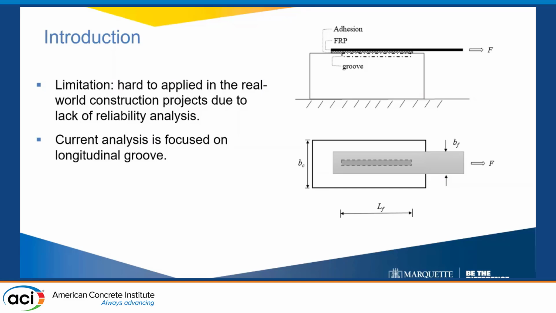Another reason is that once we do the reliability analysis, we need a large amount of data. If we do not have enough data, there is no way to do the reliability analysis. Currently, the longitudinal groove can provide more data. If we have other data coming, like from the transverse groove or the diagonal groove, we can just copy this method and then do the reliability analysis.